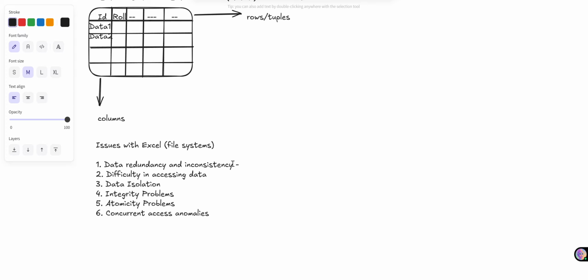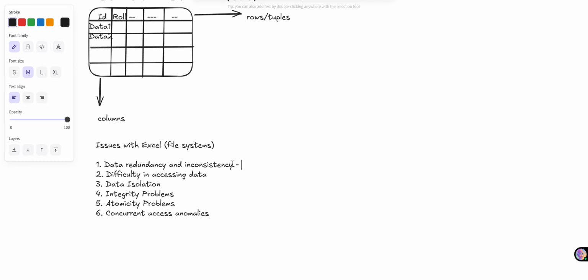So what is data redundancy and inconsistency? Suppose for two files, if we need to update some data, then it should be updated in both files. Whatever common data we are updating in one file needs to be updated in the other file also. If not updated, then inconsistency will obviously come. This is called data redundancy and inconsistency problem.